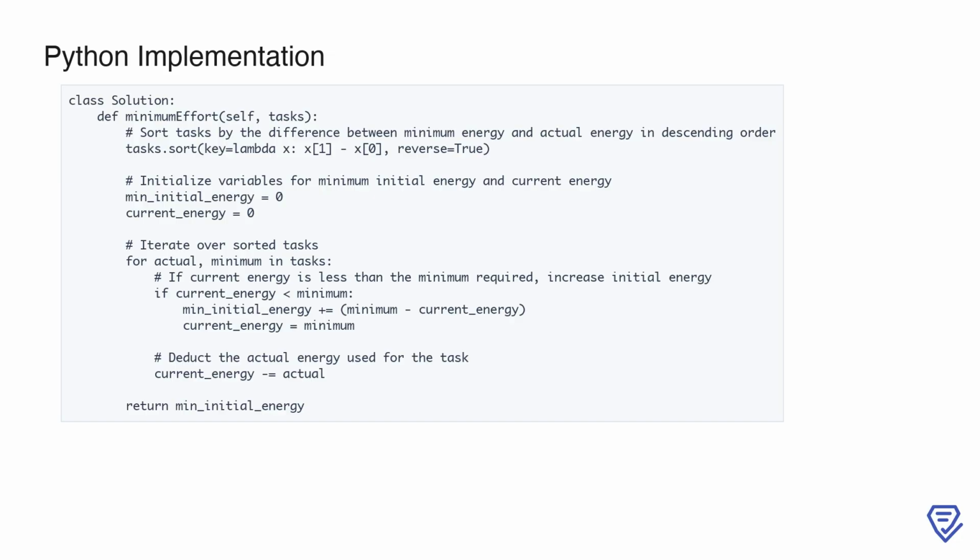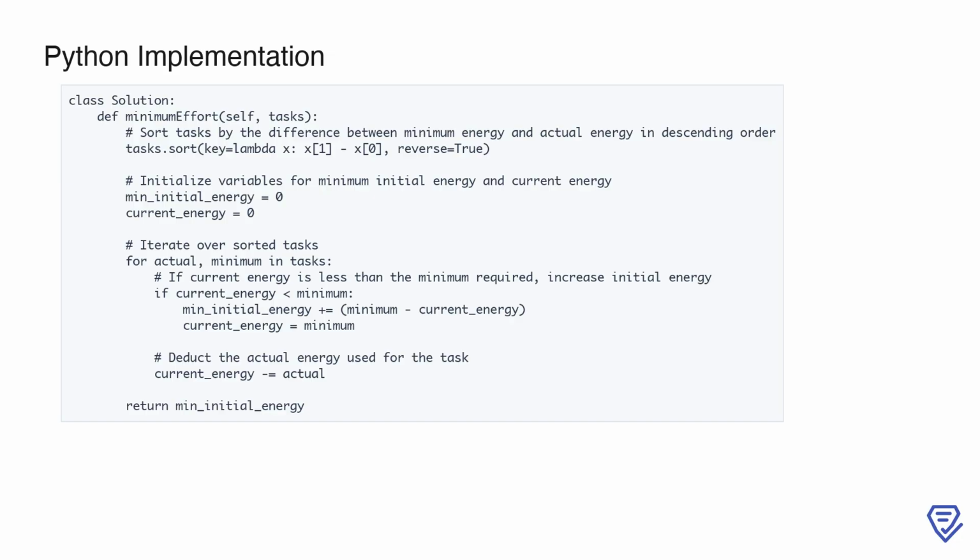If so, it increments min_initial_energy by the difference between the task's minimum energy and the current energy. It also updates current_energy to meet the task's requirement. Finally, the algorithm deducts the actual energy consumed for the current task from current_energy. This simulates the energy spent to complete the task.